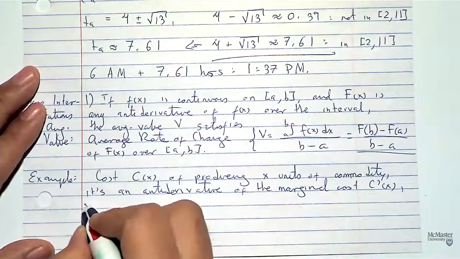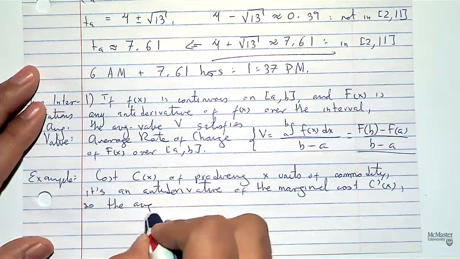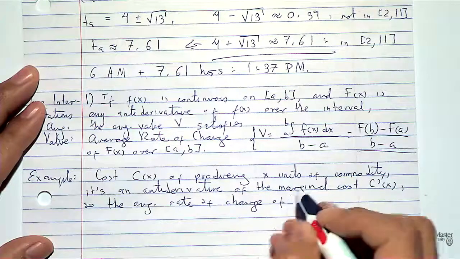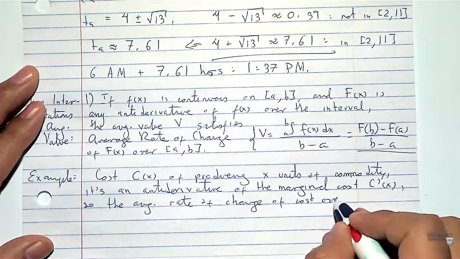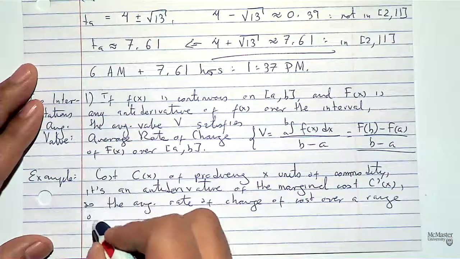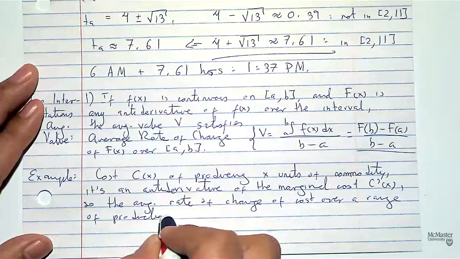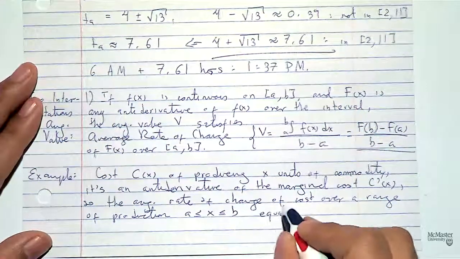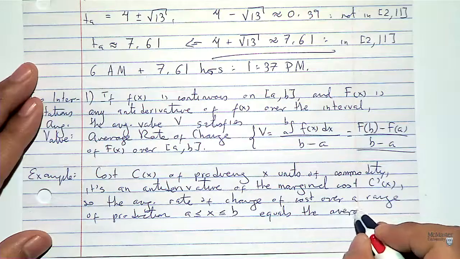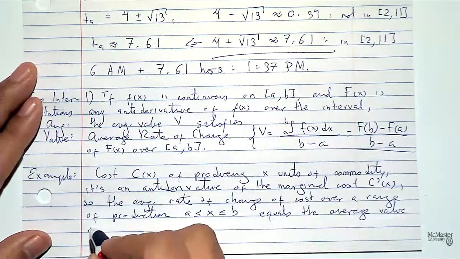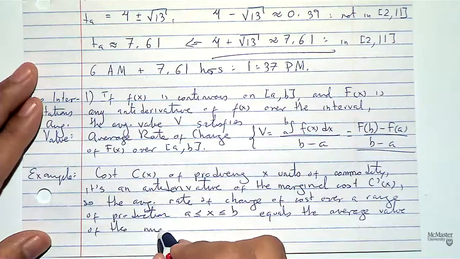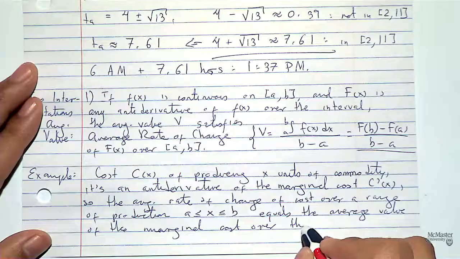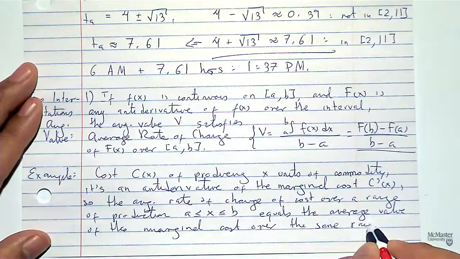So in that case, the average rate of change of the cost over a range of production, let's say that the range goes from A to B, equals the average value of the marginal cost over the same range.